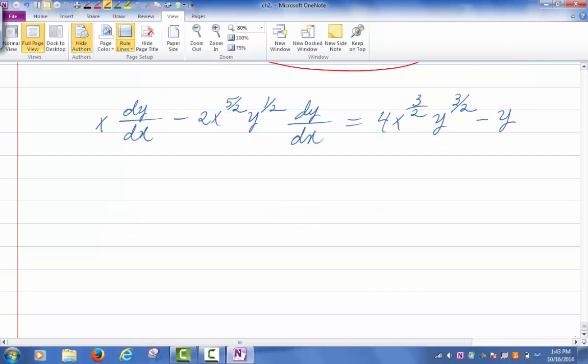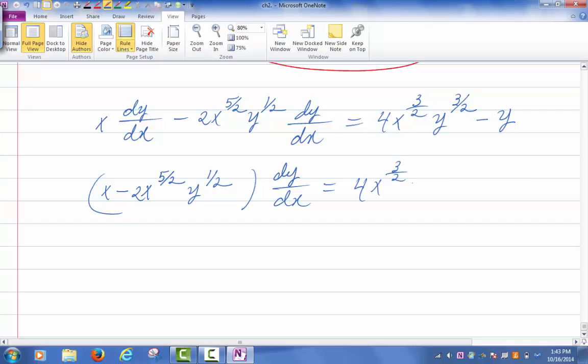Next, what should I do? Factor out dy/dx, so I get (x minus 2x to the 5/2 y to the half) dy/dx, which is 4x to the 3/2 y to the 3/2 minus y. Okay?